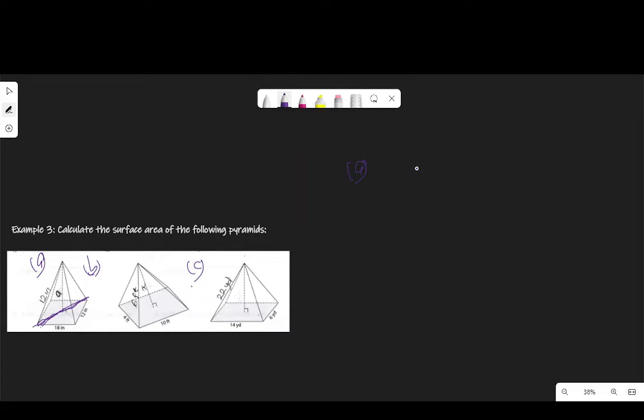This base here is 18 inches, and this is 12 inches.